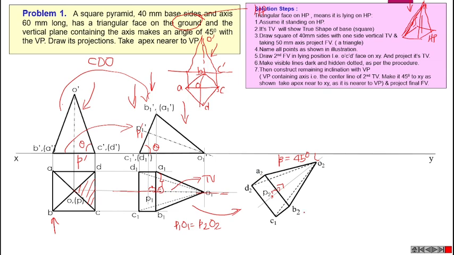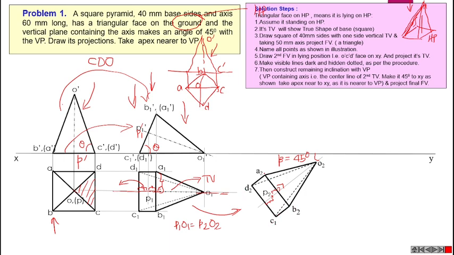Then we can locate A2, B2. Similarly, we can transfer this small distance also on the other side here. Then we can draw a perpendicular line like this. Then we can locate D2, C2 also.